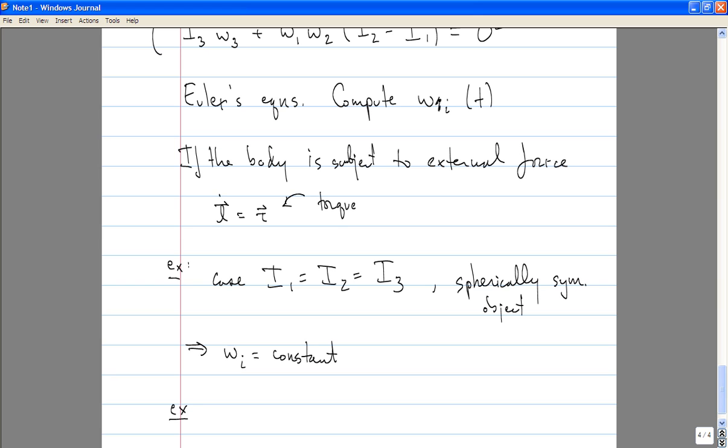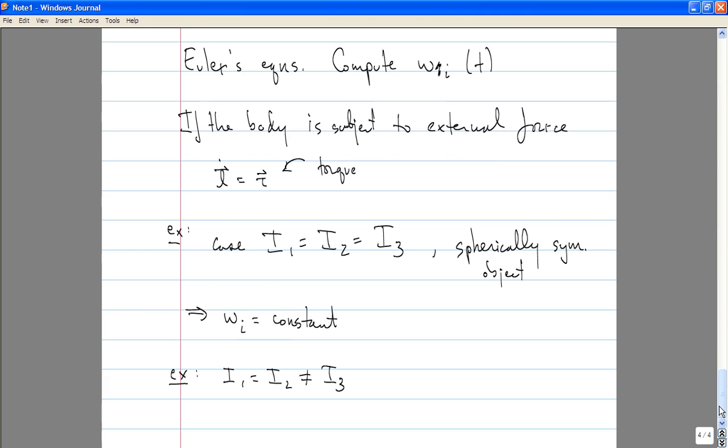Let's consider the case where I1 is equal to I2, but not equal to I3. So Tuesday when we were working out examples of inertia tensors, we encountered a variety of objects for which this was the case. And all of these objects had some rotational symmetry.